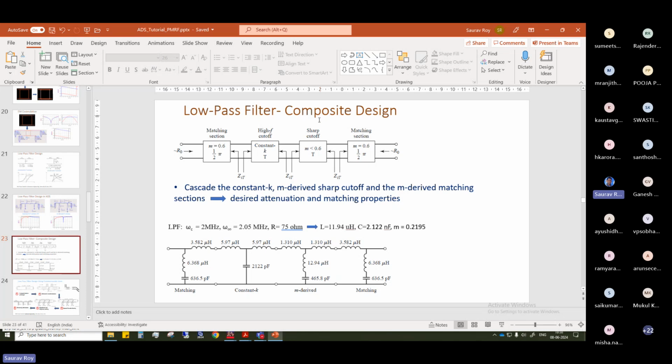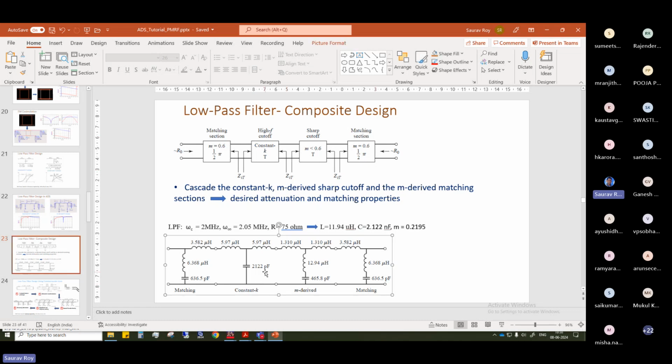If you see in this picture, which is also taken from Pozar, on the left side as well as the right side, we are adding two extra M-derived sections to ensure matching. And additionally, we have cascaded the constant K section and the M-derived section. So there are now a total of 4 sections. Starting from only one section, we have come to a place where it is 4 sections.